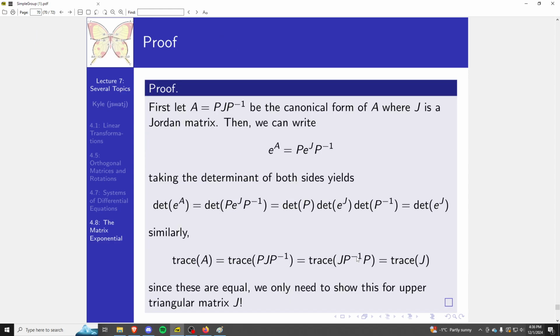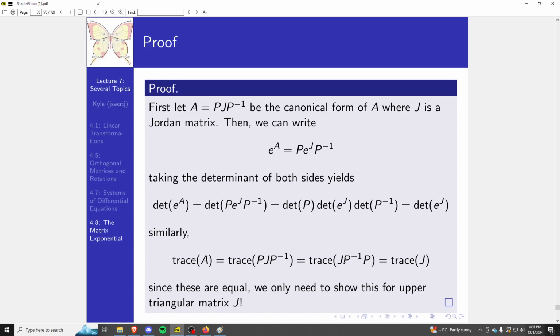So if we take the determinant of both sides, we'll get that the determinant of e to the A is the same as the determinant of this expression here. And we can break this up and cancel out the determinants of P and P inverse to get that it's equal to the determinant of e to the J. And similarly, the trace of A, we can also rewrite as PJP inverse.